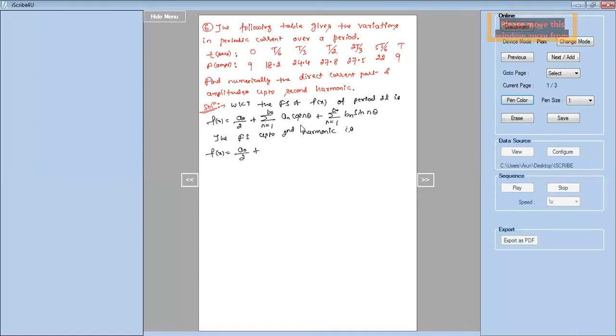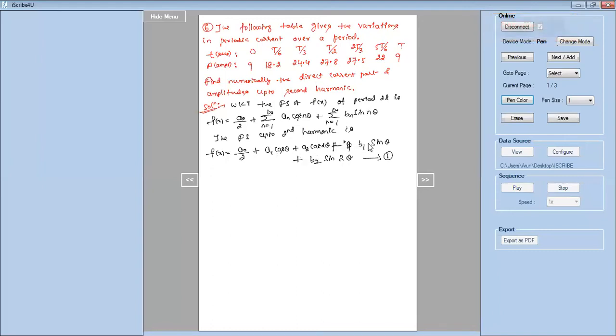It is a1 cos theta plus a2 cos 2 theta, plus, for the next term with n as 1 and 2, b1 sin theta plus b2 sin 2 theta. We'll call it equation number 1. So this is the Fourier series up to second harmonic, same as the last problem.